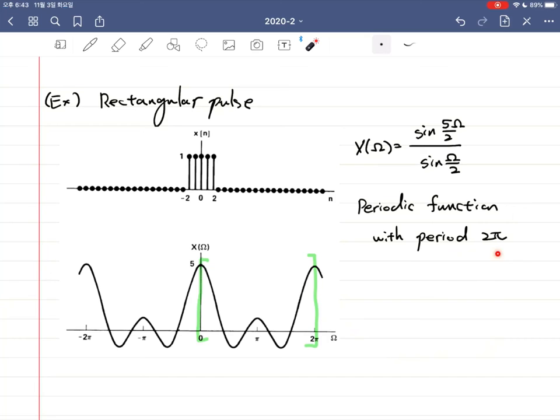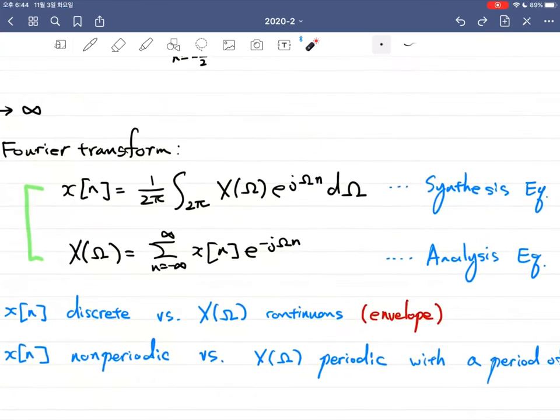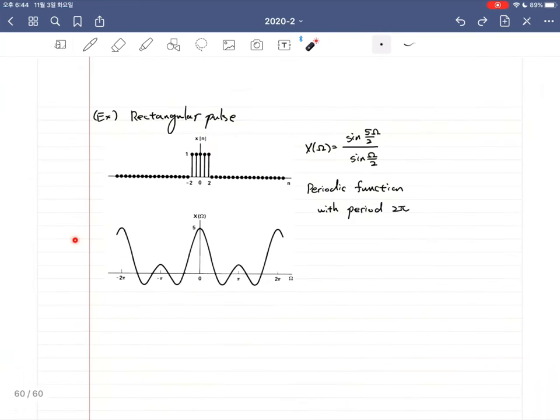So I can verify that the period has a value of 2 pi. We can see that this Fourier transform is a periodic function, even though xn is non-periodic. You can see this property right from this example.